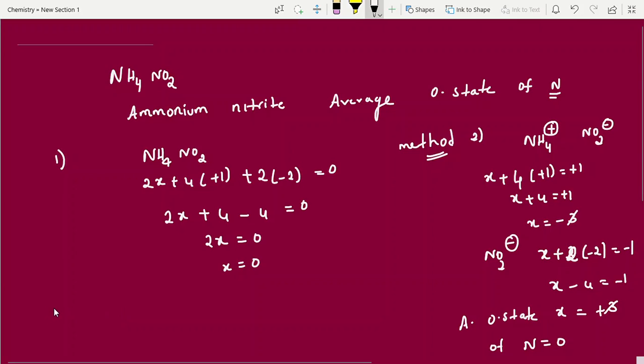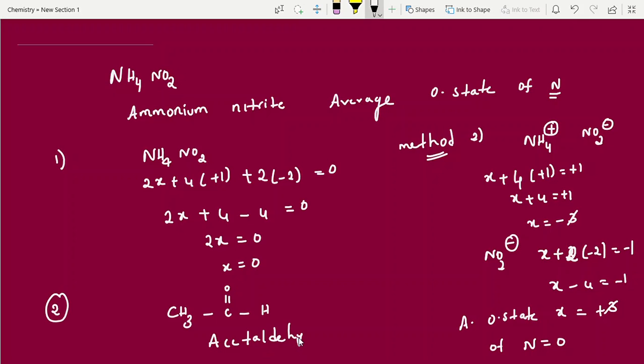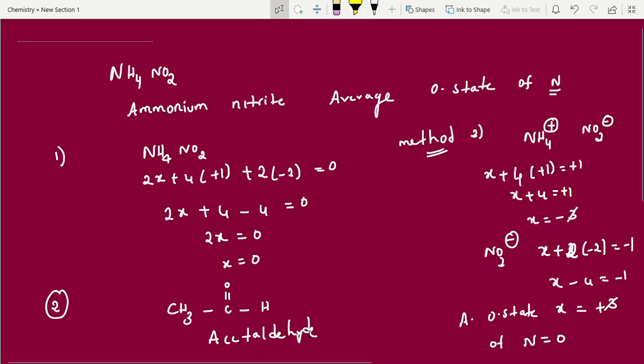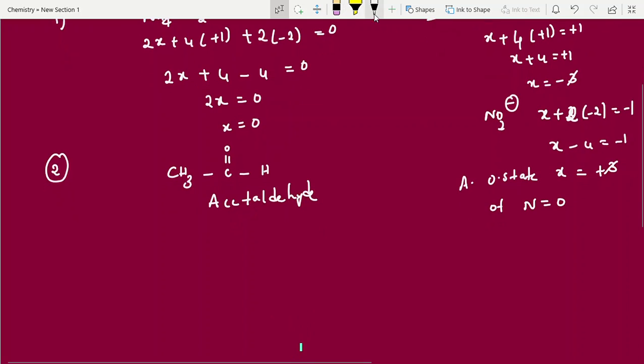Now, the next question. Acetaldehyde I asked, right? What is the acetaldehyde formula? Write the expanded form like this. Can you try this calculation? Here also 2 carbons are there, so the average oxidation state of the 2 carbons. If 2 elements are there, definitely they will ask you the average oxidation state.